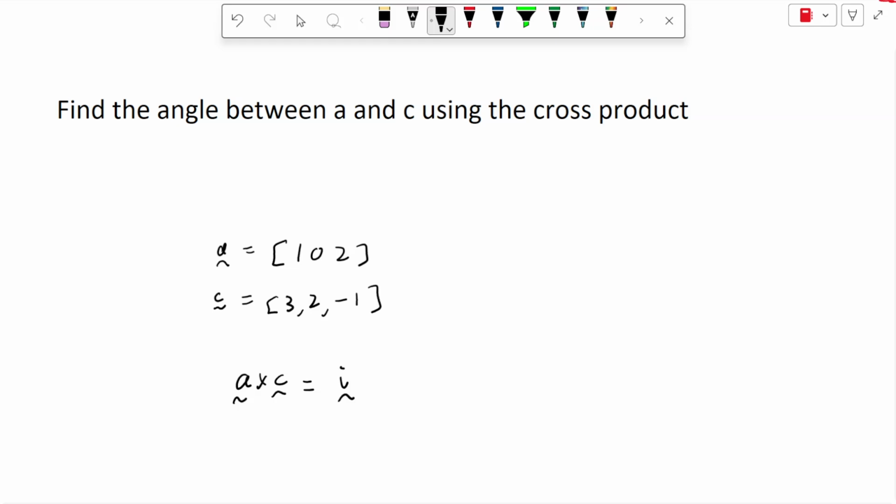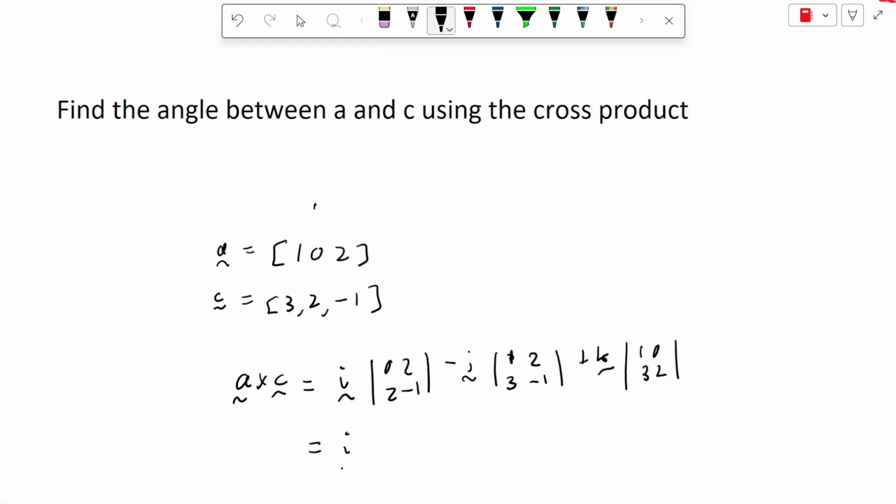So you get I, lots of (0, 2; 2, -1). Take J, and you would cross off the ones underneath J. So (1, 2; 3, -1). Plus K, (1, 0; 3, 2). So you're going to get I, lots of 0 times minus 1 is 0, take 2 times 2 is 4.